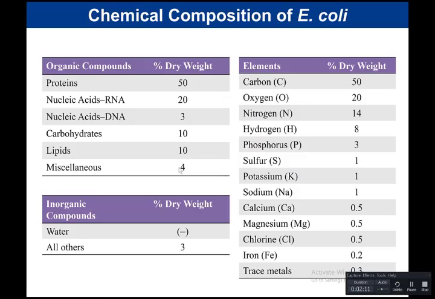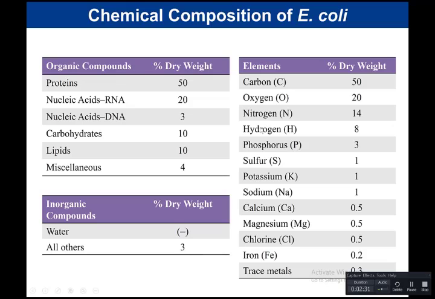Now, you do not need to memorize this slide. There's no reason for that, so don't worry about that. It's just to give you an idea. In terms of inorganic compounds, in terms of dry weight, water would count for none because it's not dry, but other inorganic compounds would make up about 3%.